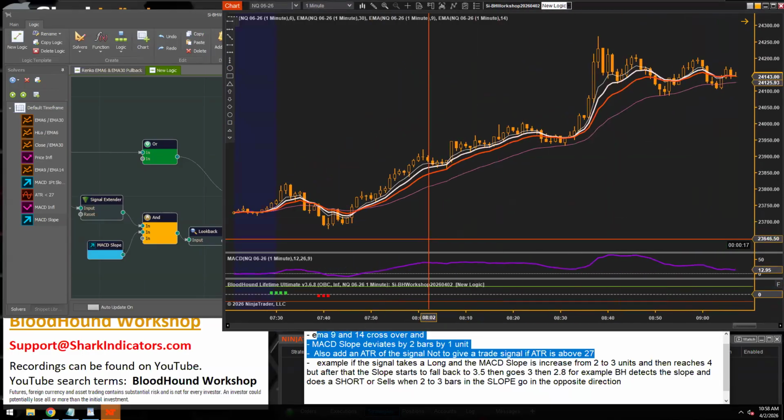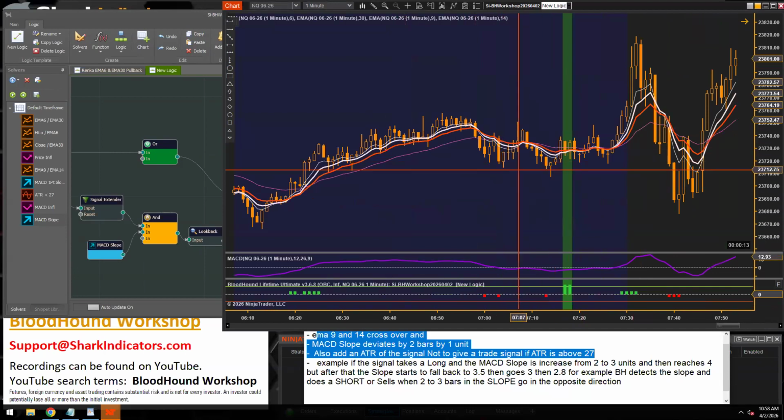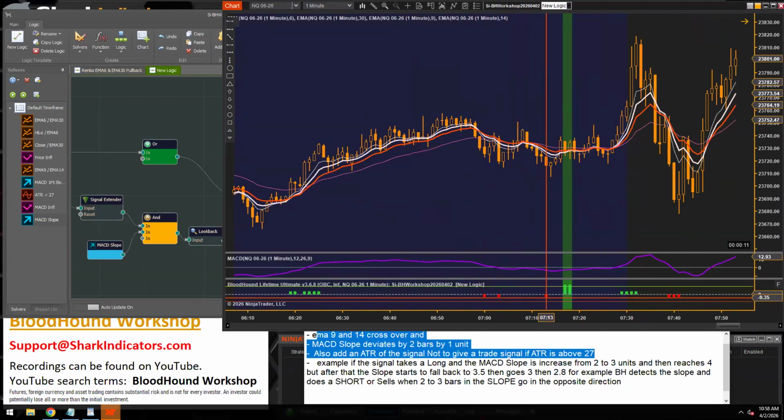Okay. And same back here. There was a short, and then the MACD rolled over, and yeah, we had a long, but the MACD took a little too long to roll over there.